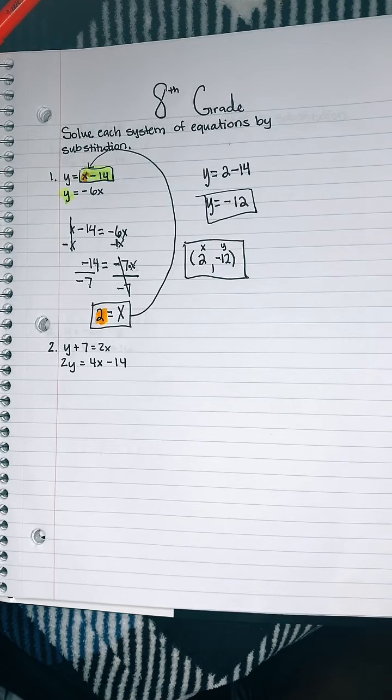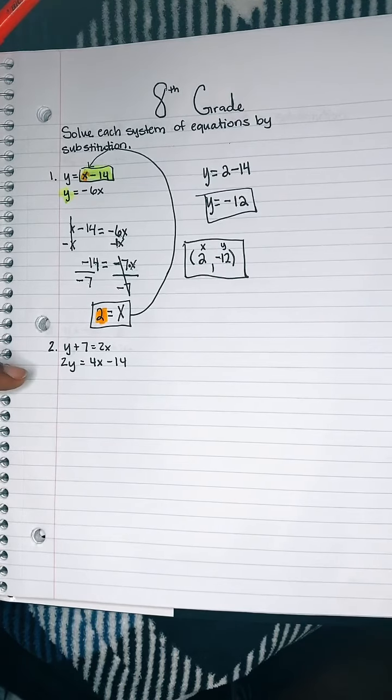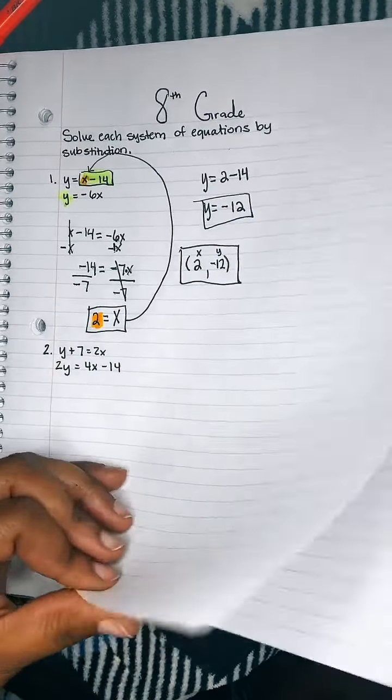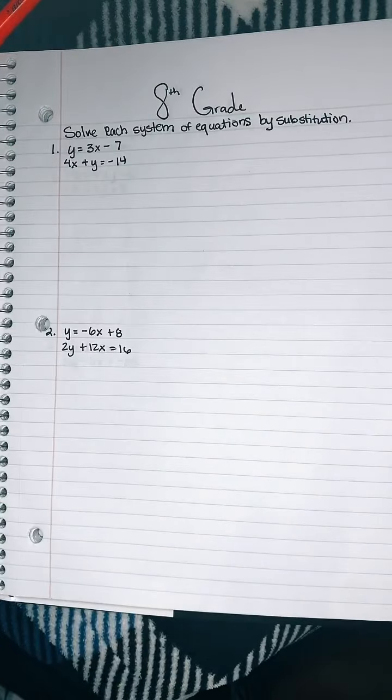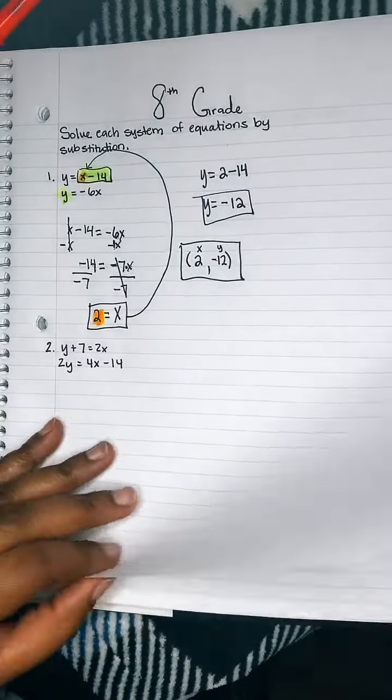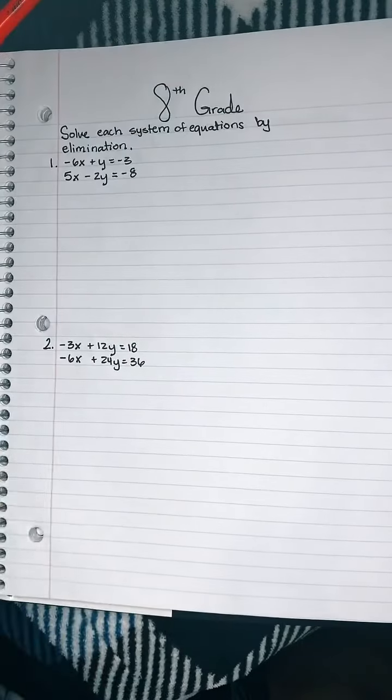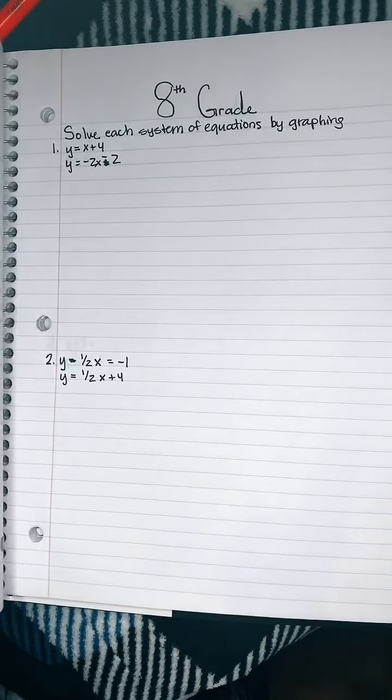Oh, Ryan said you got to do a graph with it. Yes. Yep. Let's do that. Oh, no, I don't have a bigger graph to graph. Let me see if I have a smaller one. Did I do any graphing ones? I did elimination.